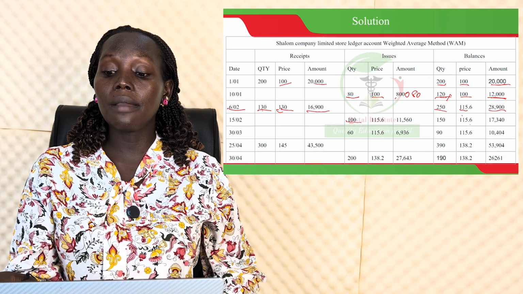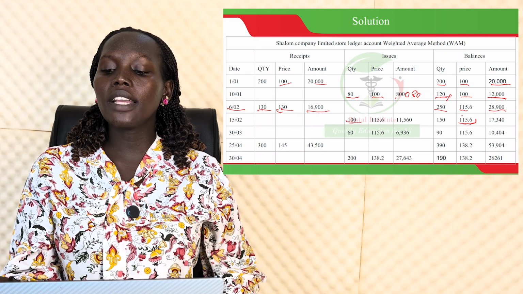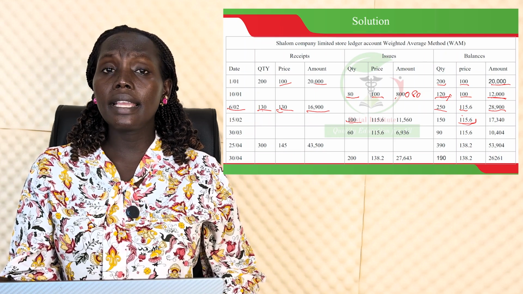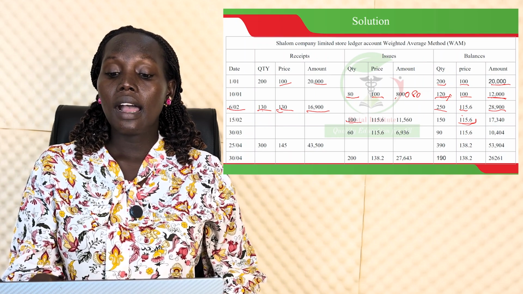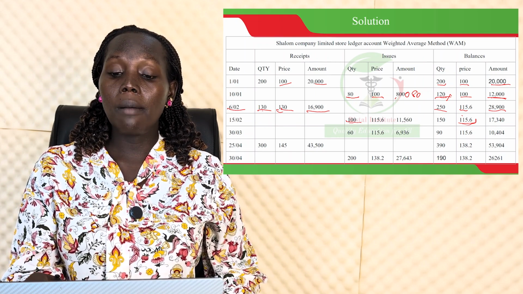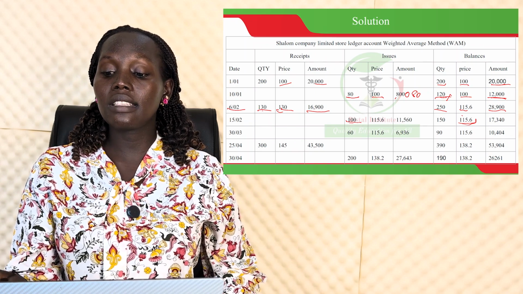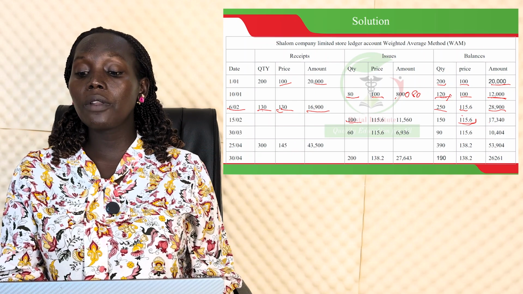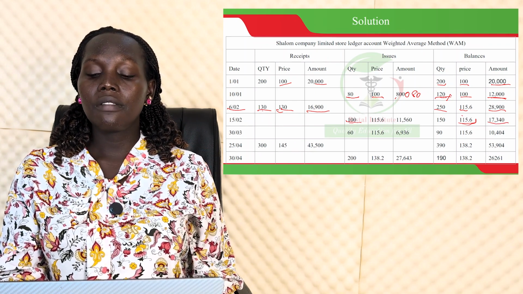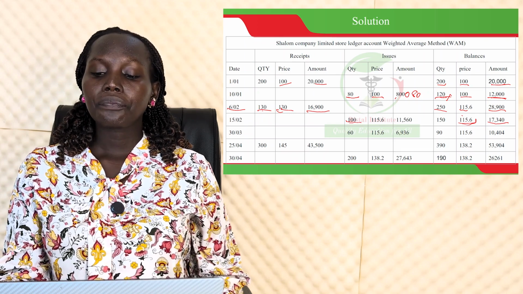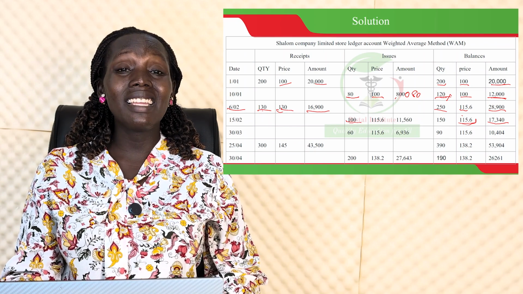And then to get the balance, we get 28,900 minus our amount of the issue, which was 11,560, which we got 17,340. So we go to our next date.